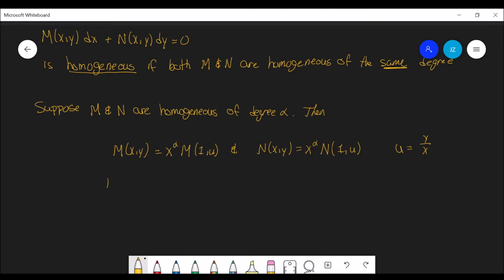We also could write M of x, y is equal to y to the alpha M of v comma 1, and N of x, y is equal to y to the alpha N of v, 1, where v is equal to x over y.